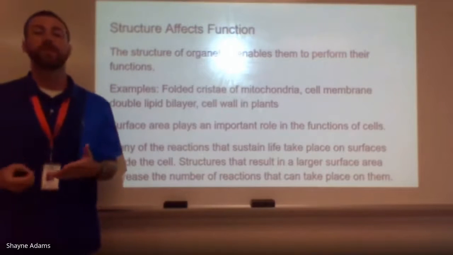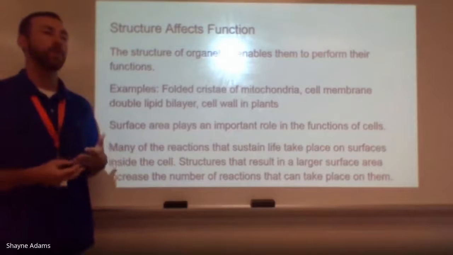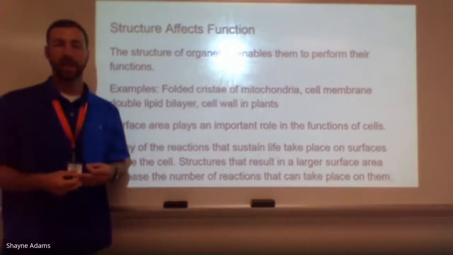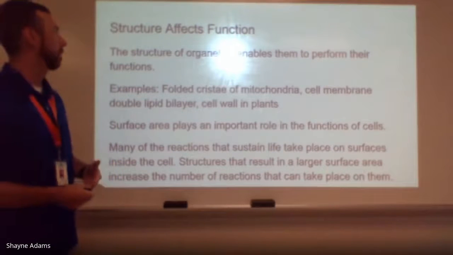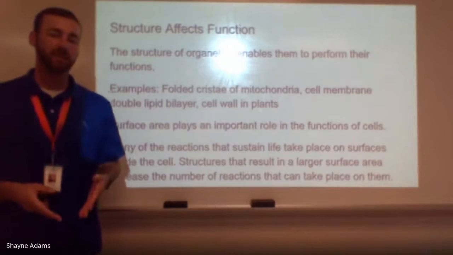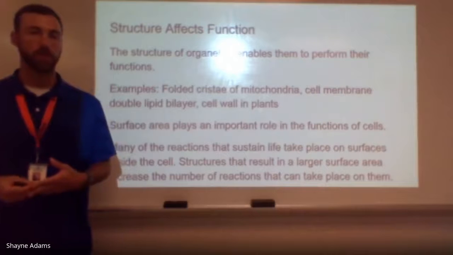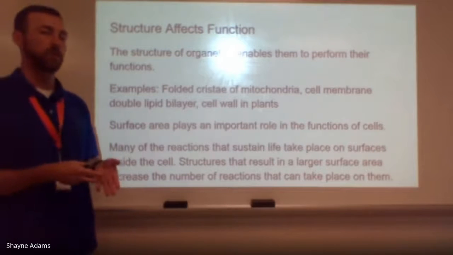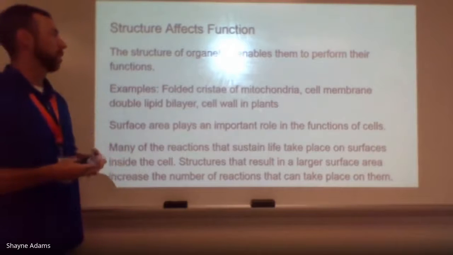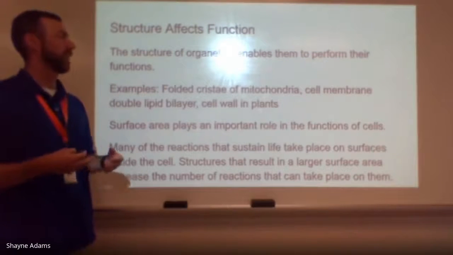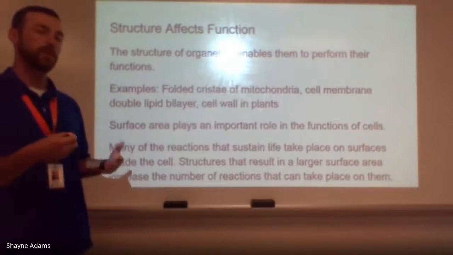Now, the most important thing I can tell you about cell organelles and remembering their functions and their structure: structure affects function. Say it again, structure affects function. The structure of the organelle enables them to perform their functions.